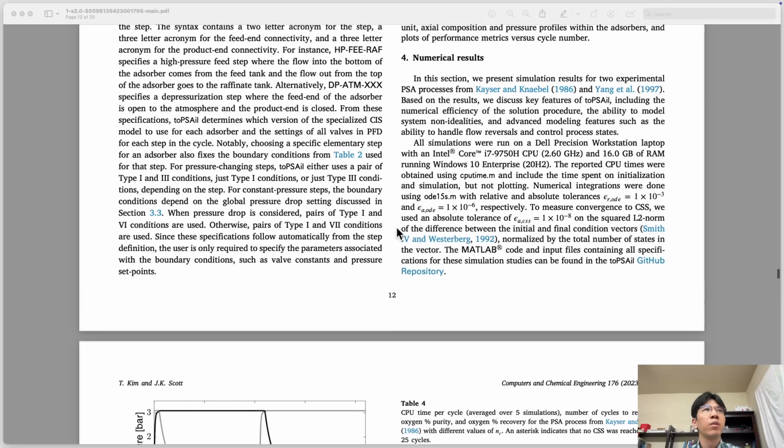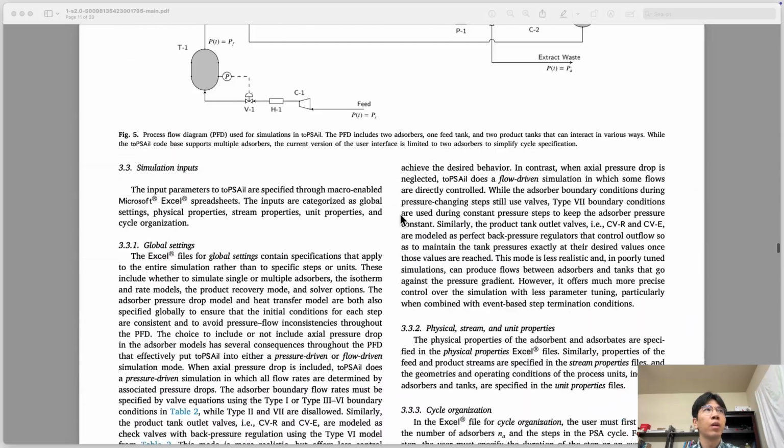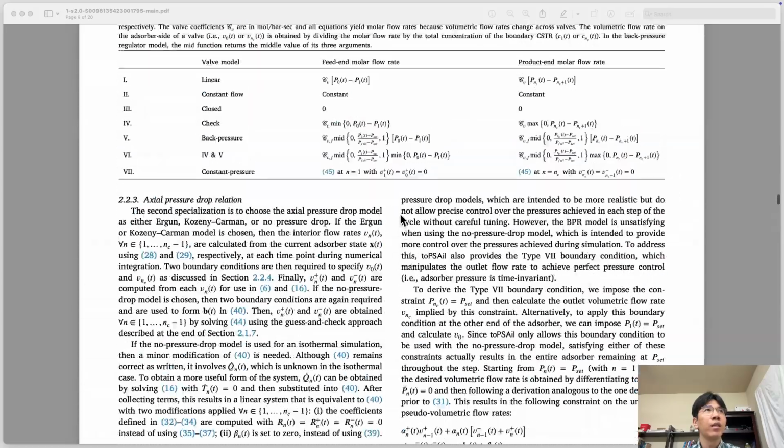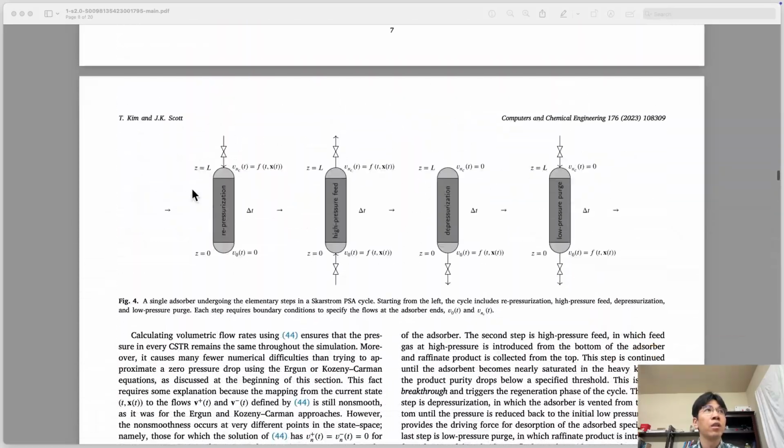So I didn't really talk about cyclic steady state, but basically what cyclic steady state means, since this is a dynamic and cyclic process, there's no steady state, right? Because things constantly change in time, but it's cyclic. So when we compare the beginning of the cycle with the end of the cycle, and the difference is approaching a small, tiny residual, right?